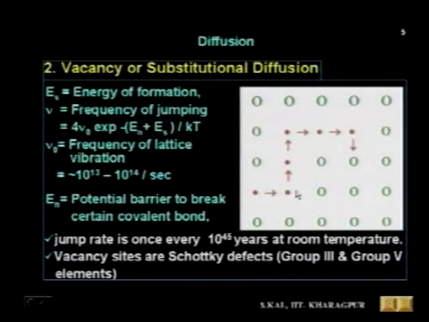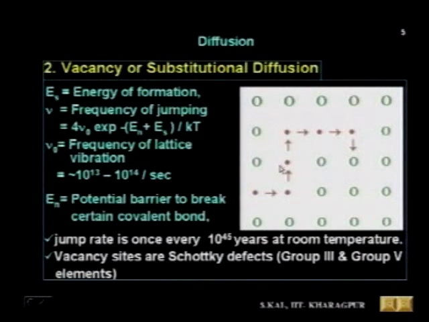That means when the impurity atoms move from one vacancy site to another vacancy site to the next in this fashion, then it is known as the substitutional or vacancy diffusion mechanism.